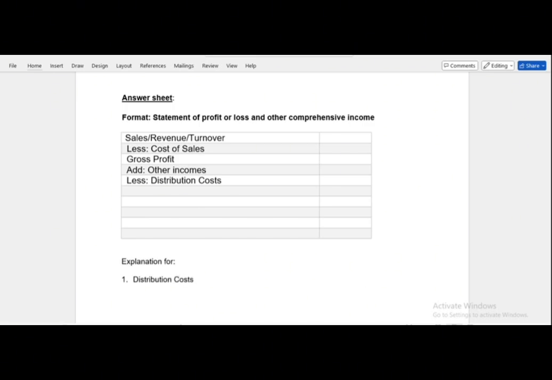I usually call them sales or marketing expenses. That's how I usually call them to make things easy.